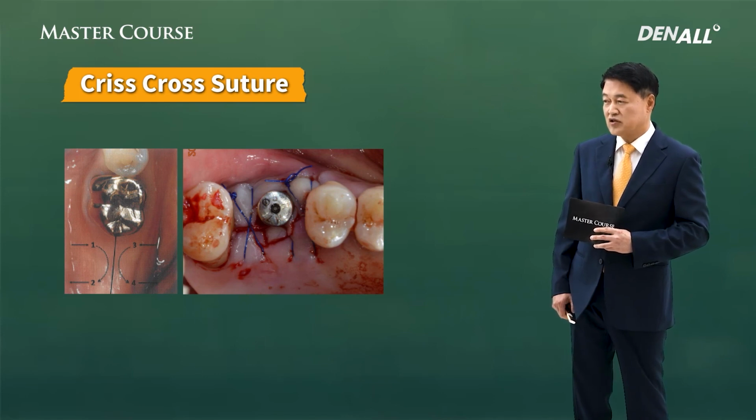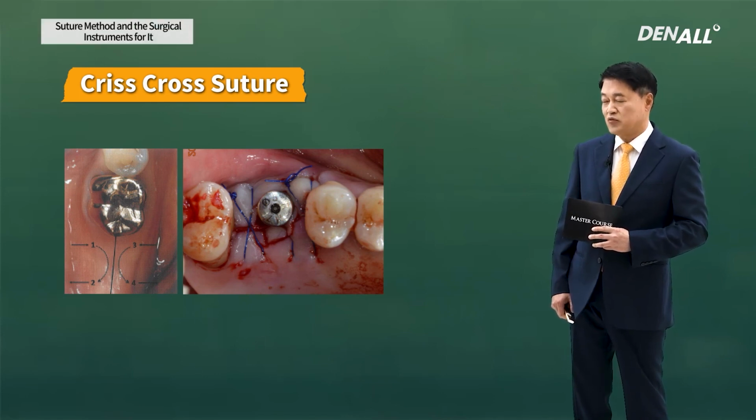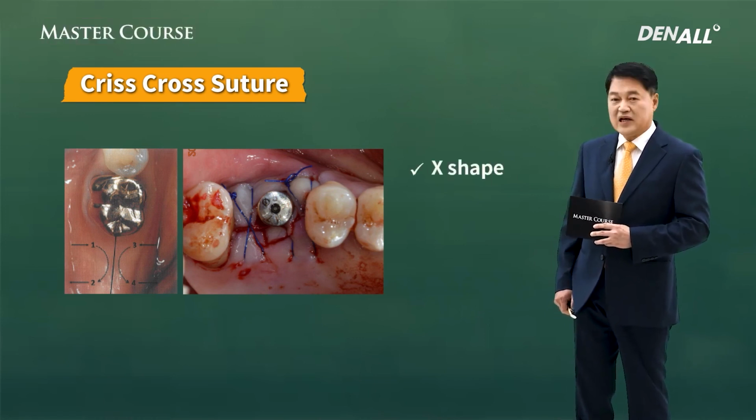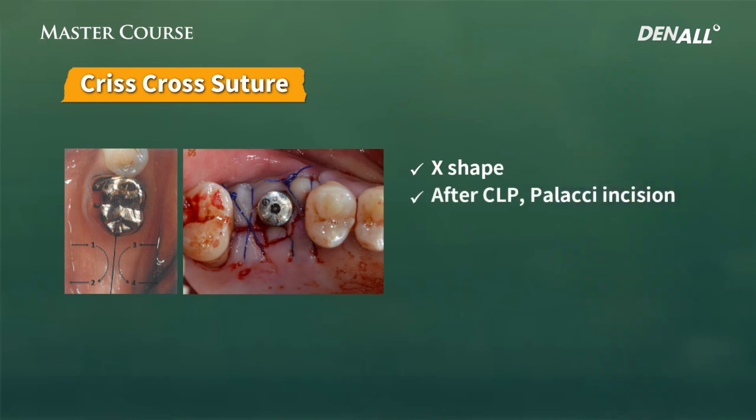So the silk goes through the outer line and presses the flap, and this suture is mostly used in doing CLP or after the palatal incision to fix it in position.